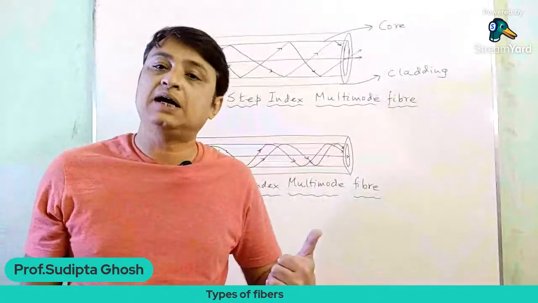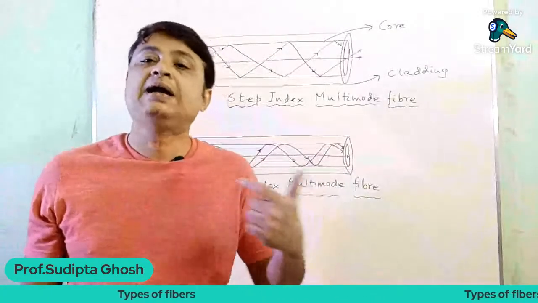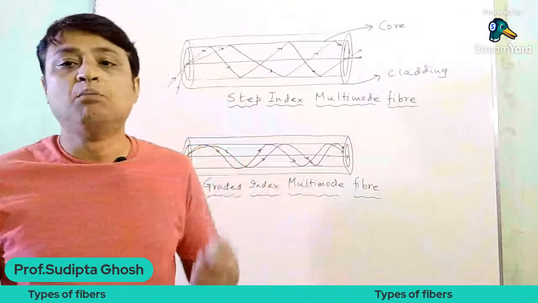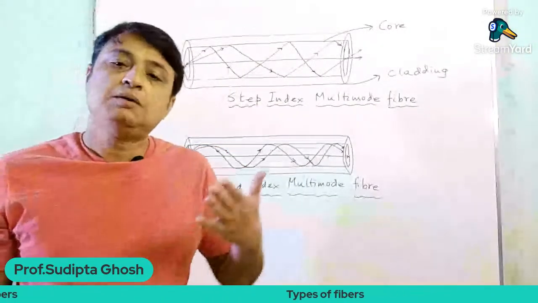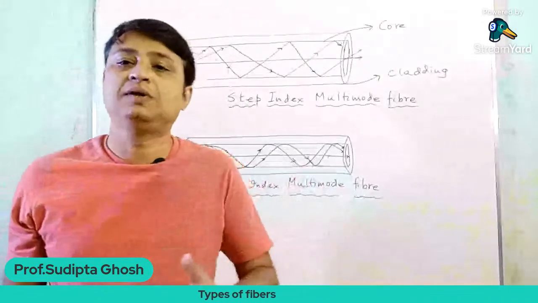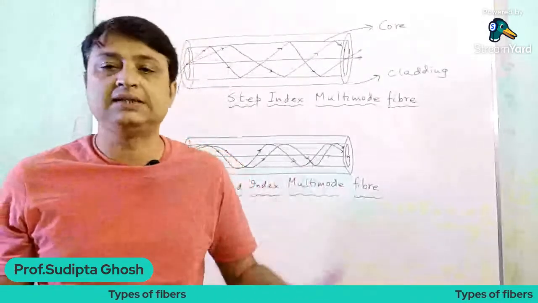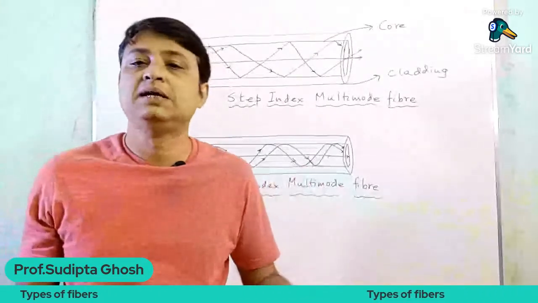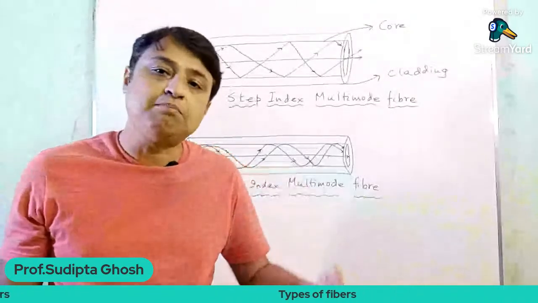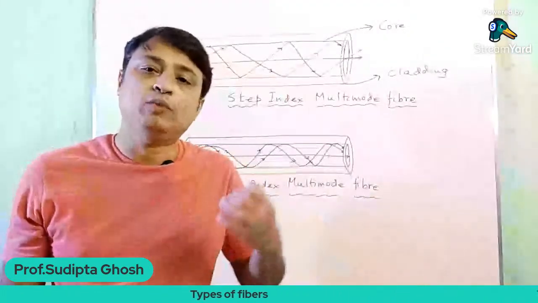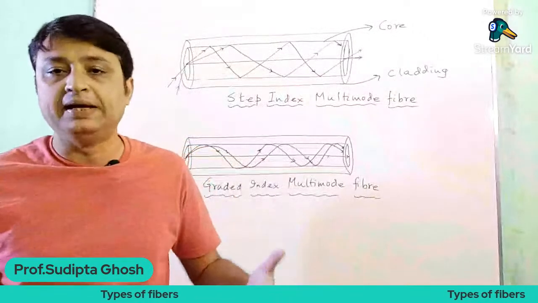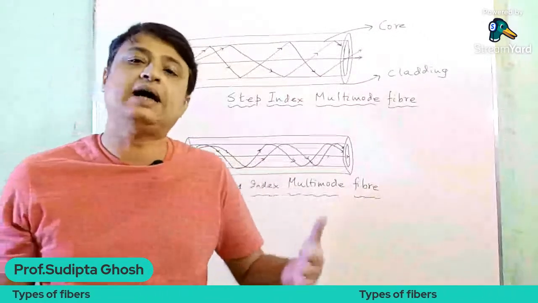Number one is the multimode fiber and the other one is the monomode fiber. Multimode, as the word suggests, means the number of modes propagating within the fiber is many, greater than one.